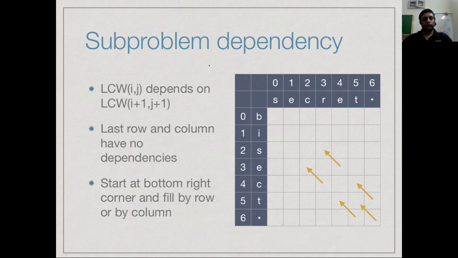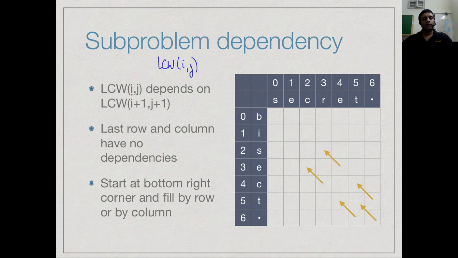So we could write a memoized recursive function for that, but we will directly try to compute a dynamic programming solution for this problem. Okay. So we will typically have these subproblems of the form LCW IJ. Right? These are our basic subproblems. So what we saw from the earlier thing is that if I have AI equal to BJ, I need to look at AI plus 1, BJ plus 1.